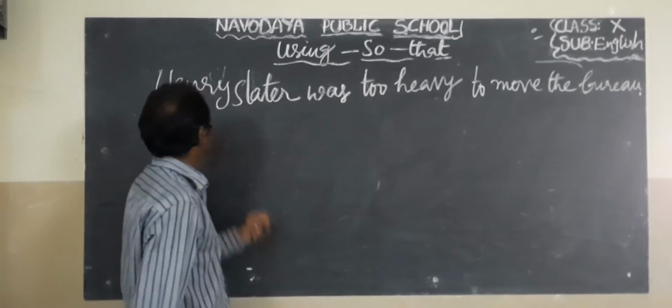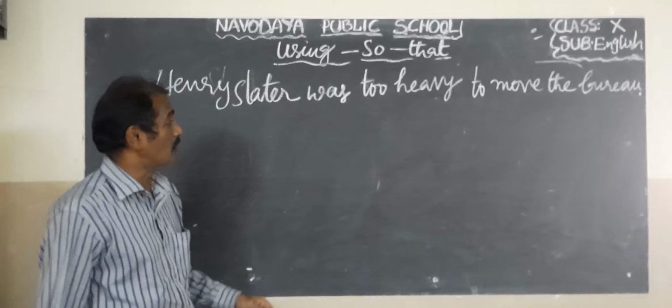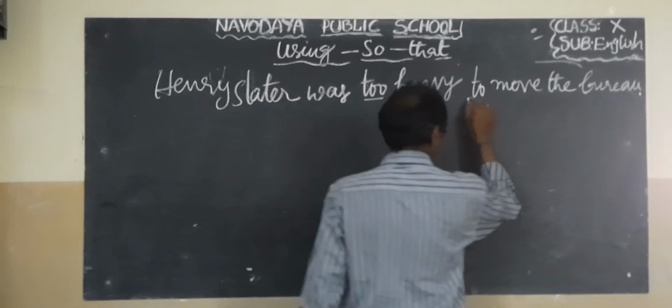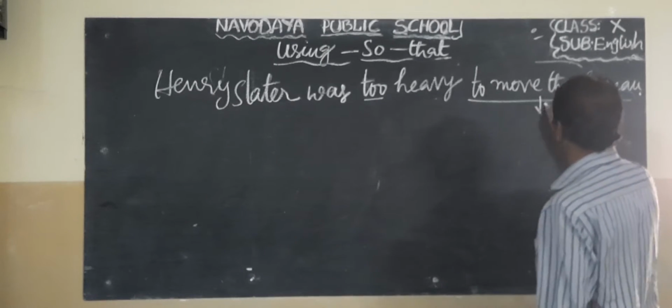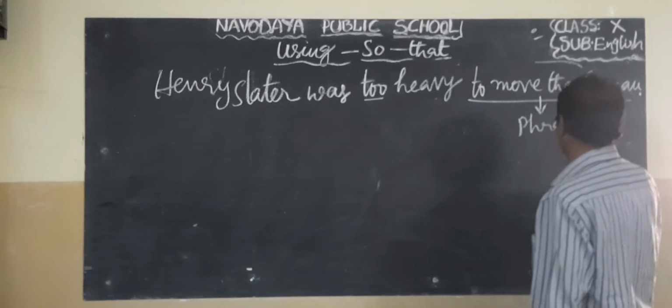See, children, here Henry's ladder was too heavy. That means very. Then "to move the bureau" is the phrase. This is a phrase. Okay.